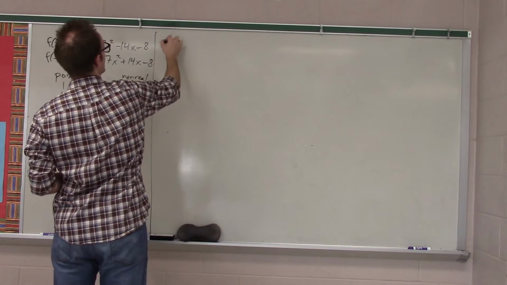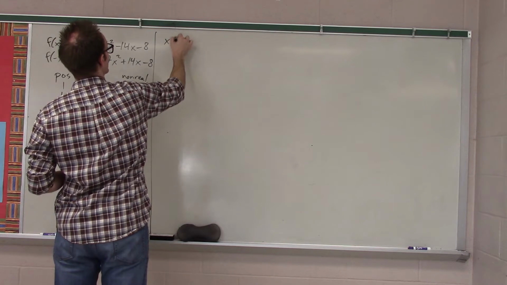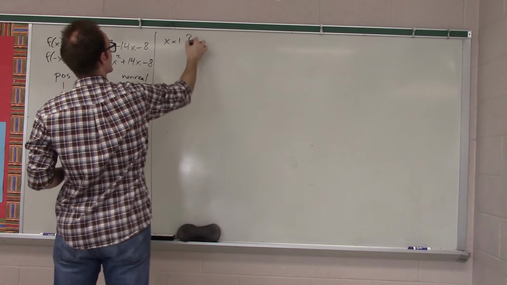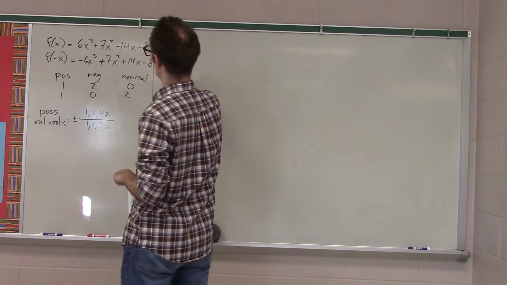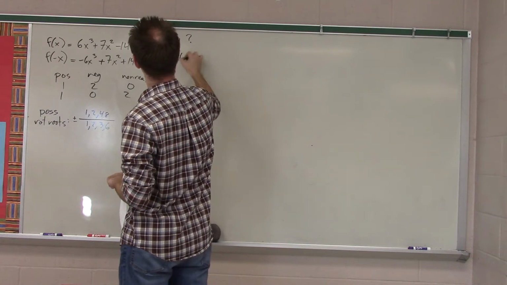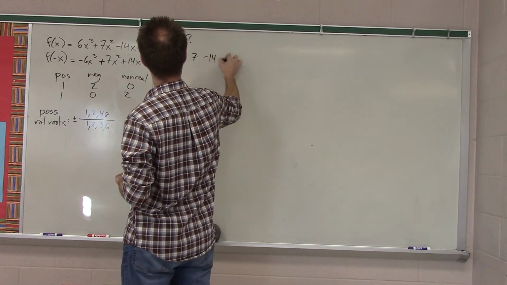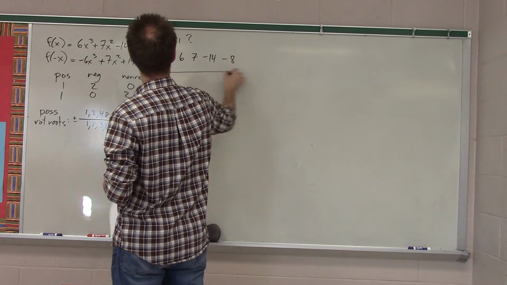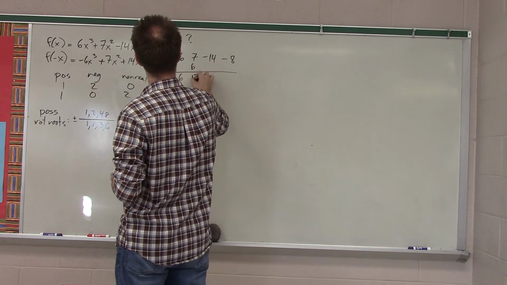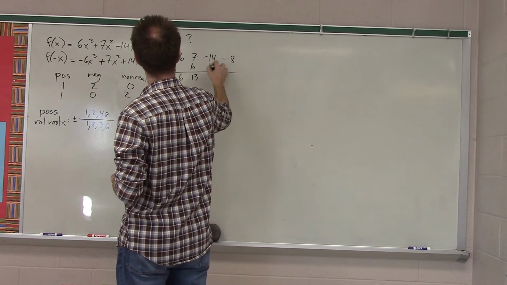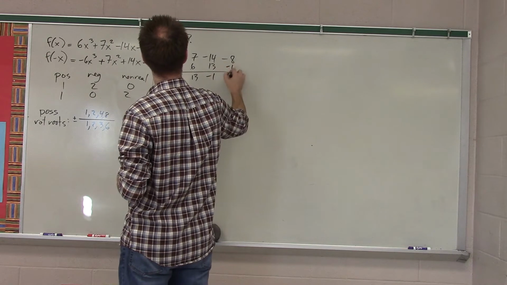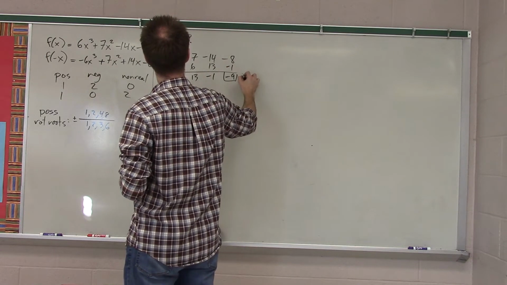The first thing I did is to try x equals 1 to see if that's a root. Okay, well, I'm going to try 1 as a root, and I get 6. And I think what happens is it doesn't work. So that makes me sad.